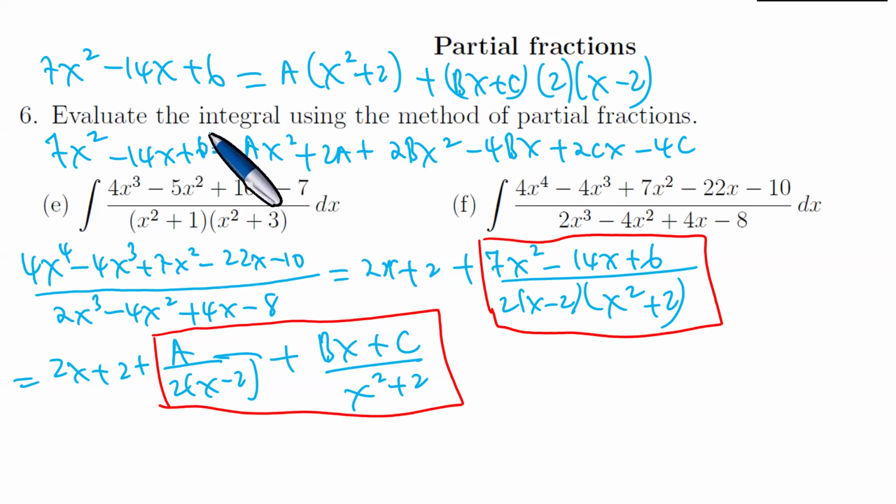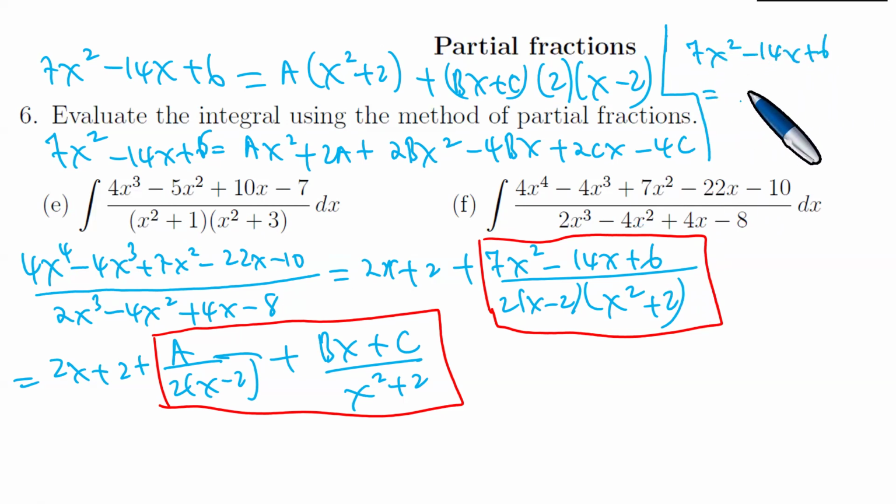In the end we get this, giving us 7x squared minus 14x plus 6, which is A plus 2B x squared.